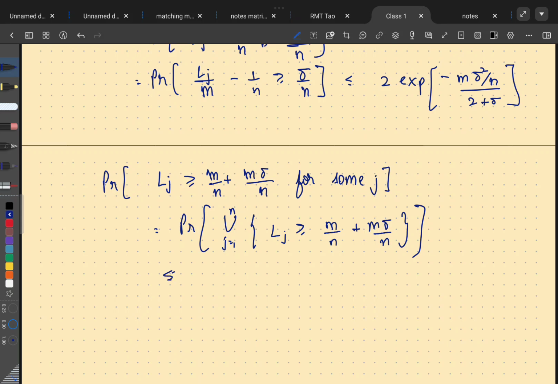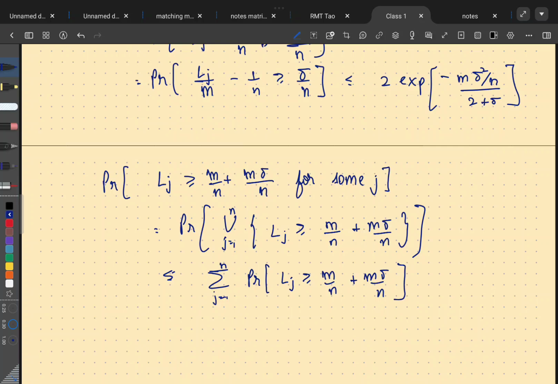And this by the union bound is at most the summation over j equal to 1 to n, over servers, of the probability that Lj is greater than or equal to m by n plus m delta by n.